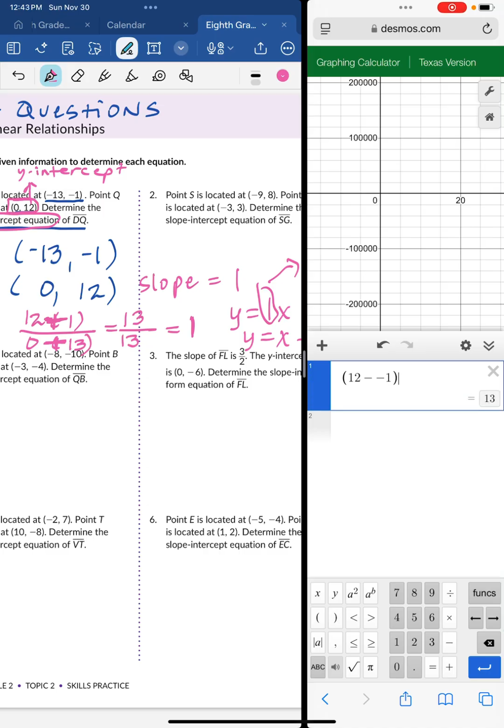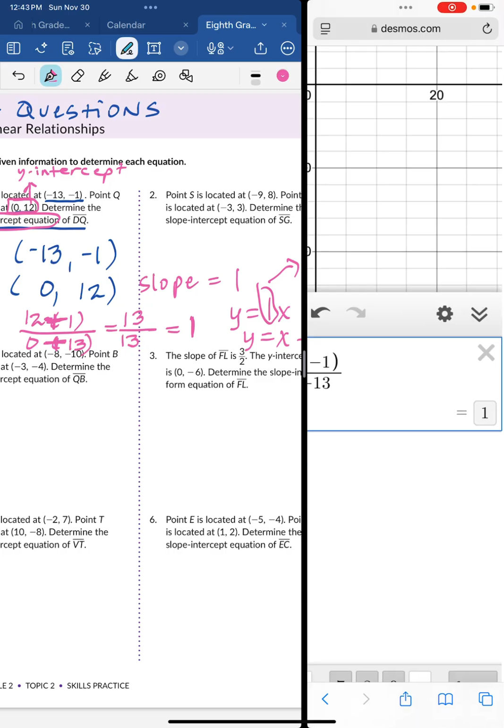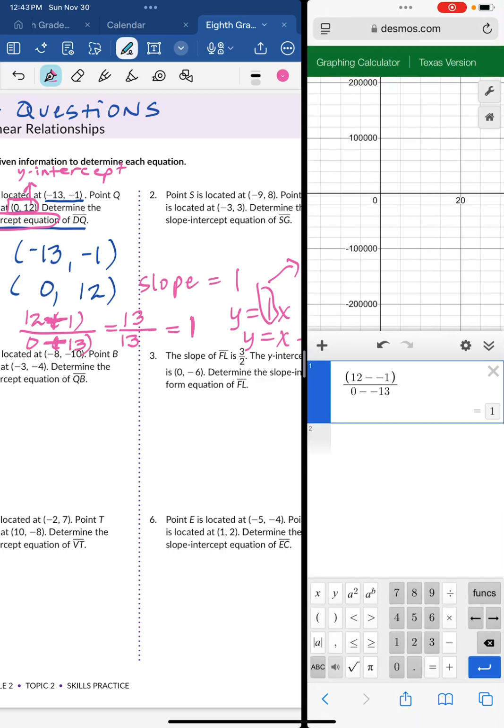But I'm going to close the parentheses and say divided by 0 minus a -13. And there we go. It has 1. 1 is our slope. So what if I wanted to find the equation of a line? And I know that 1 is the slope.